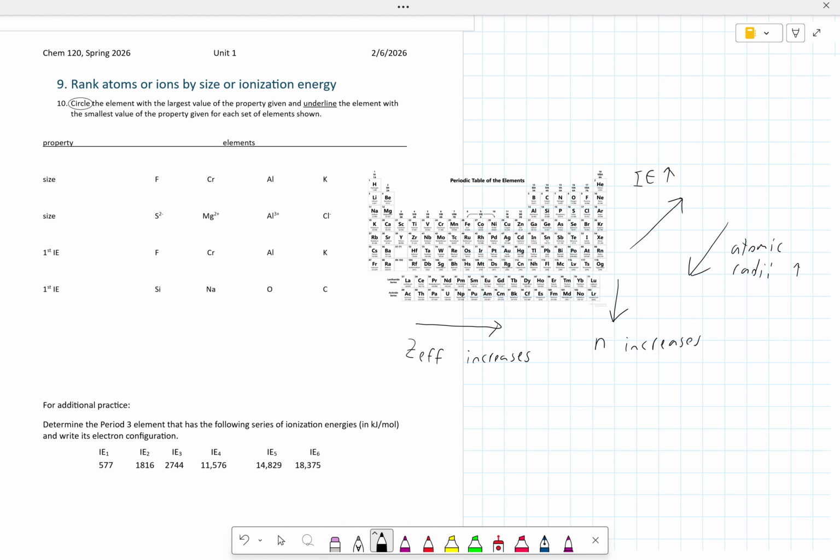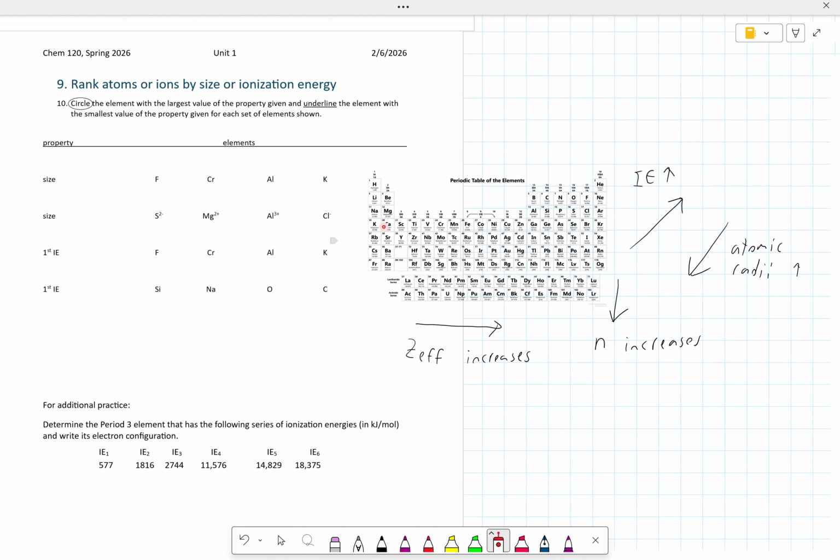With that general principle out of the way, we can now dive into the specific elements that you're asked to compare. So first, we have fluorine, chromium, aluminum, and potassium. First things first, it's good to go and find those elements in the periodic table. We have fluorine here, chromium there, aluminum there, and potassium there.